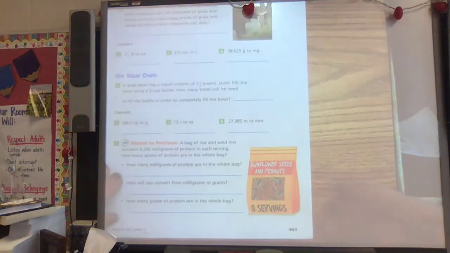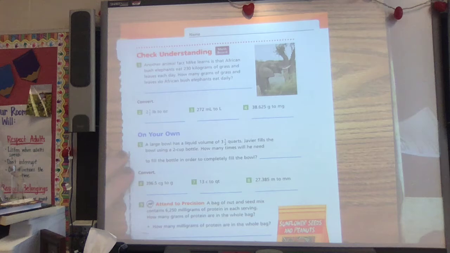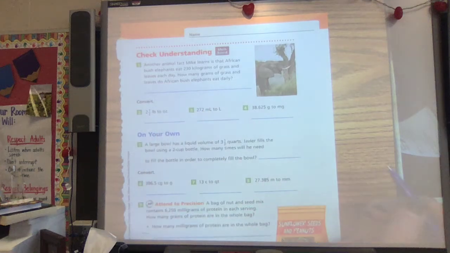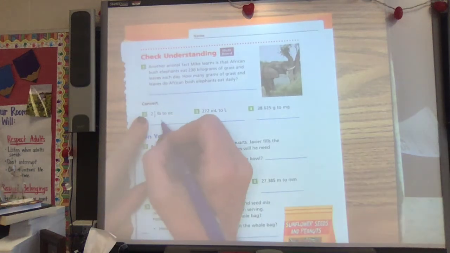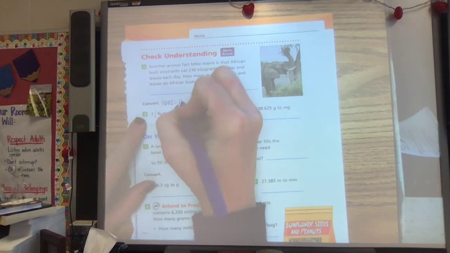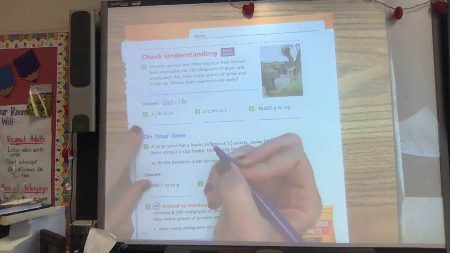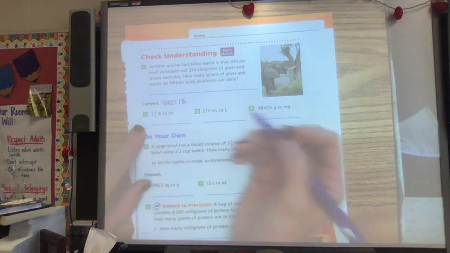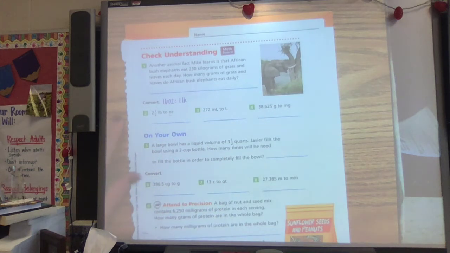All right, let's look at the next page, 461. Let's do number 2. 2.5 pounds changing to ounces. Let's think, what do we know about ounces and pounds? There are 16 ounces in 1 pound. So we're changing from bigger to smaller, so we're gonna multiply.